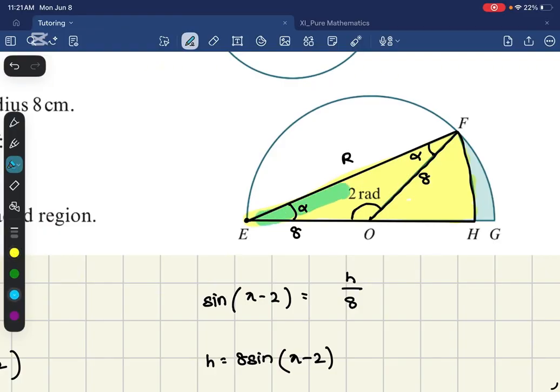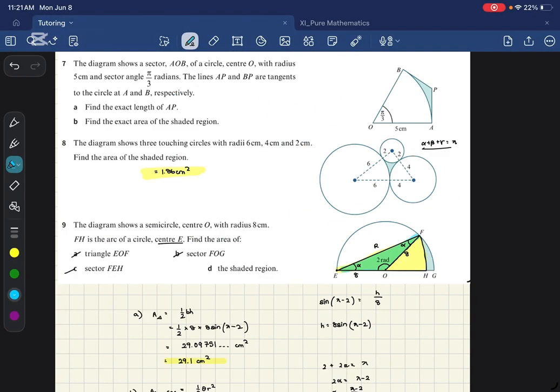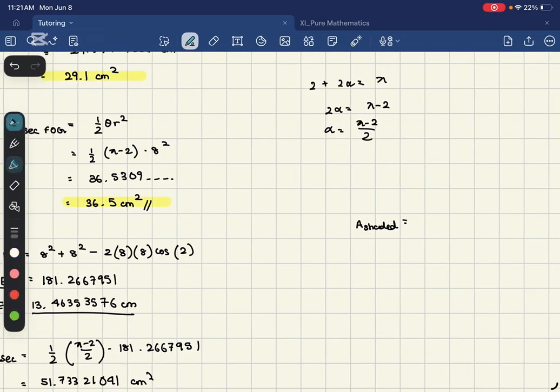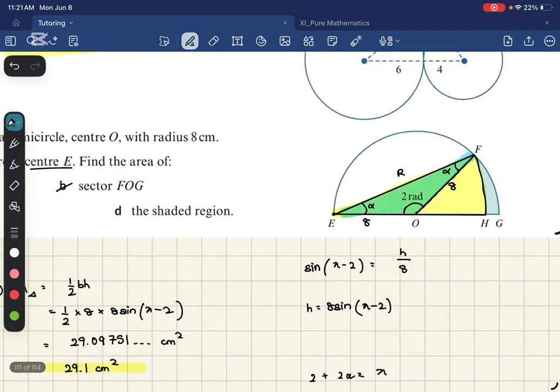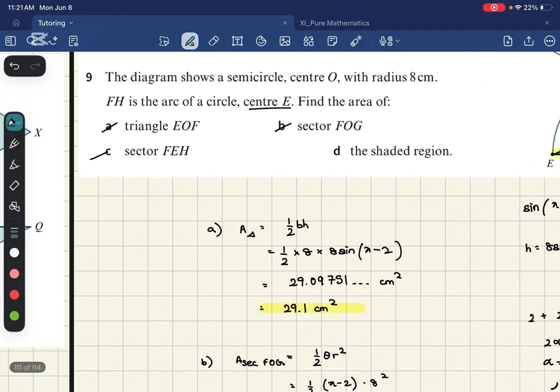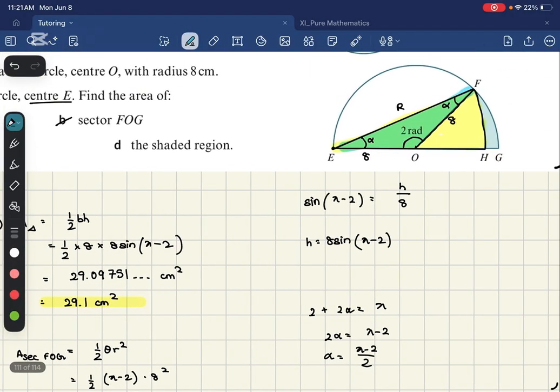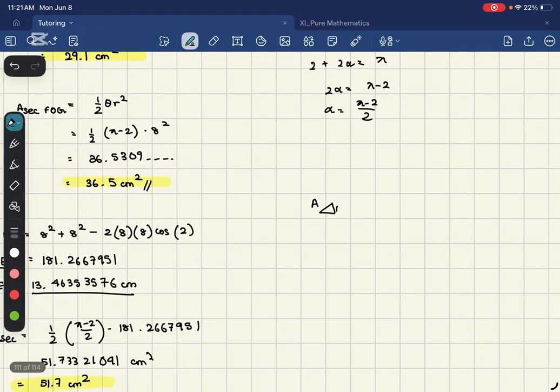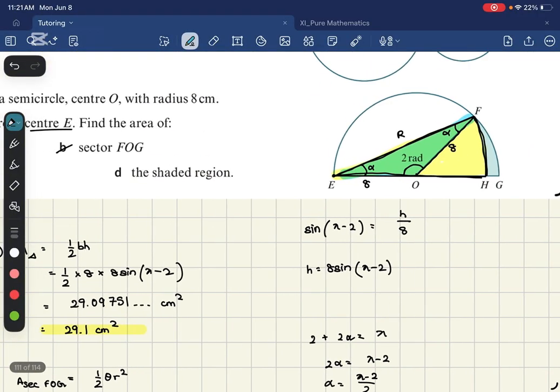So if we do the area of the big sector, which we found, was FEH, right? This sector. If we do sector FEH minus the area of the triangle, we are going to get the area of the yellow portion.